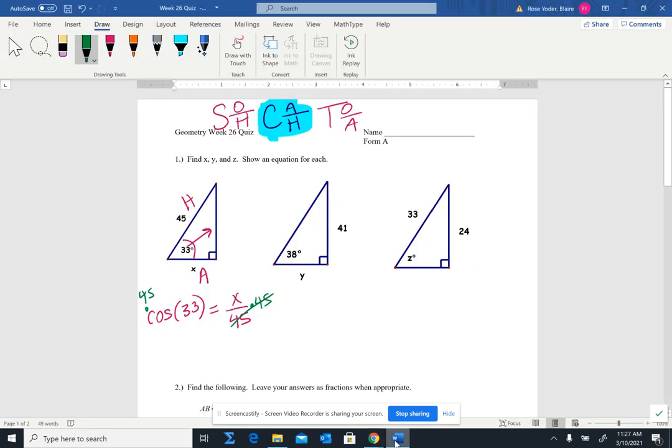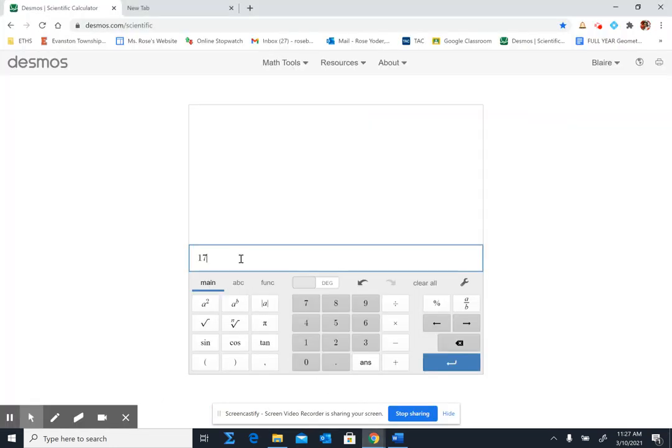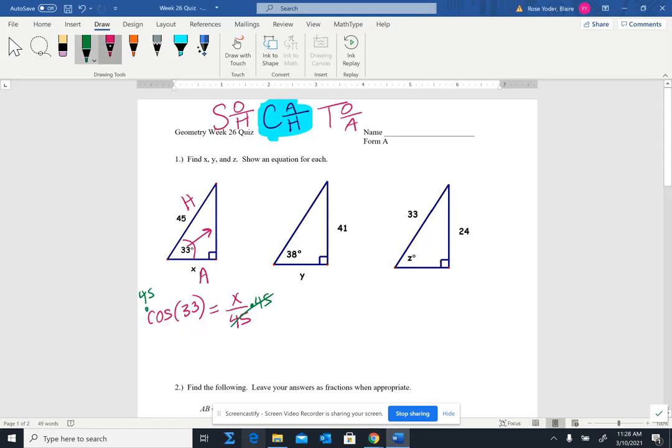And then we want to type in 45 cosine 33. So it is about 37.740 if I round to 3 decimal places.